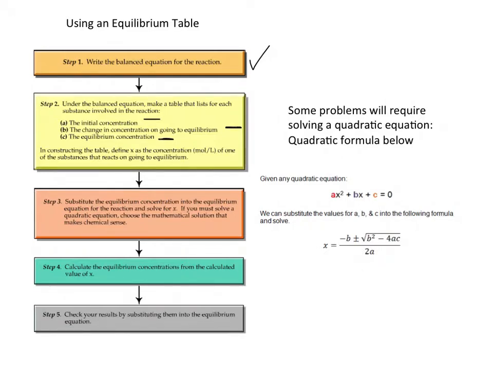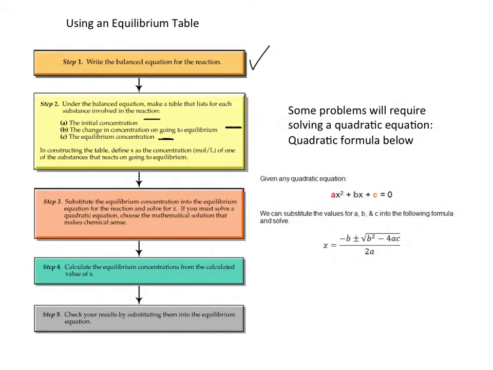Our equilibrium concentrations are often expressed in terms of X, so in order to find those concentrations, we want to substitute our equilibrium concentrations into the equilibrium constant expression and solve for X.